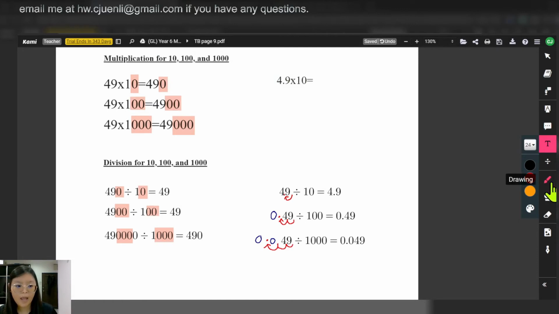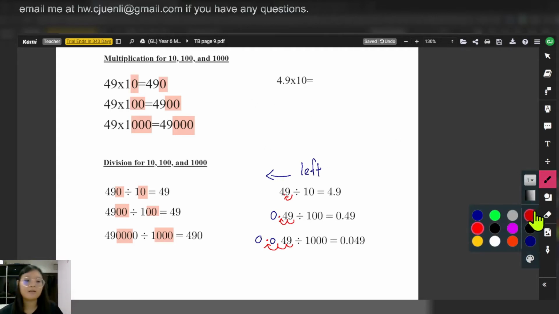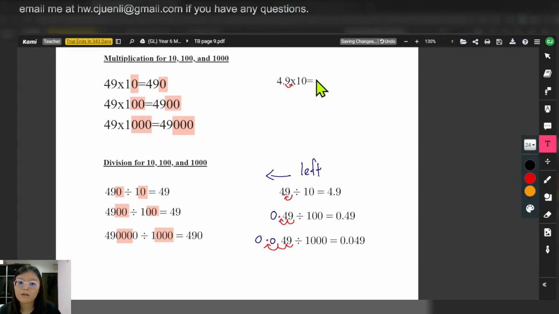So remember with the arrow for division, we're going to the left, right? Now this time we're actually going to the other side. So let me show you. When it's times 10, I'm gonna move this here and draw an arrow over there. So your answer will be, I accidentally moved this, ignore it.